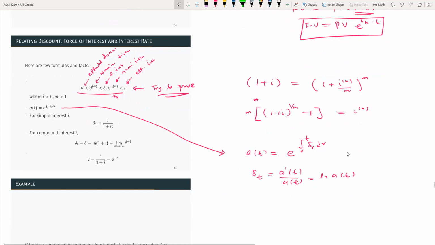If you integrate both sides from 0 to t, you would get this expression. Okay, so when you integrate this one, what do you get?